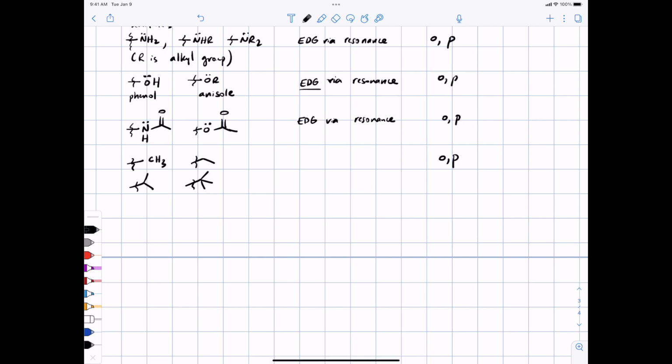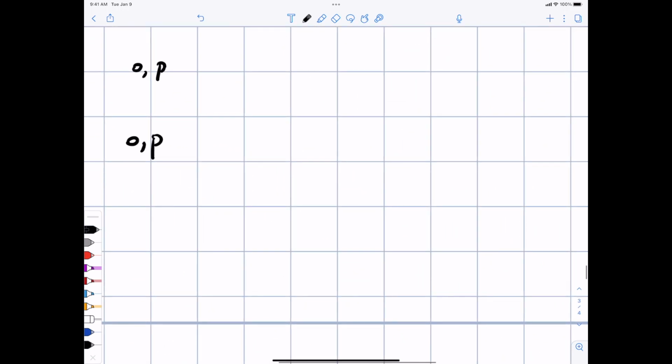These are all electron donating groups via not resonance, but what's called an inductive effect. What we mean by this, let me just draw the carbocationic intermediate. We'll draw the one for, say, ortho substitution.